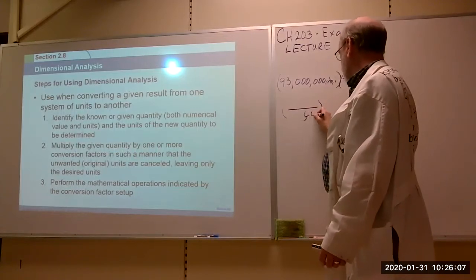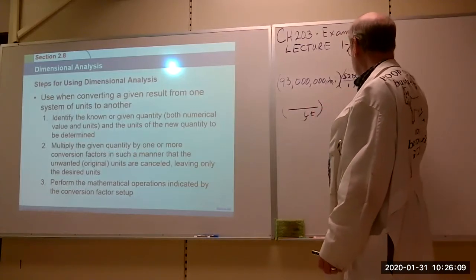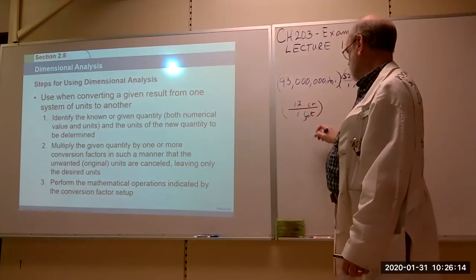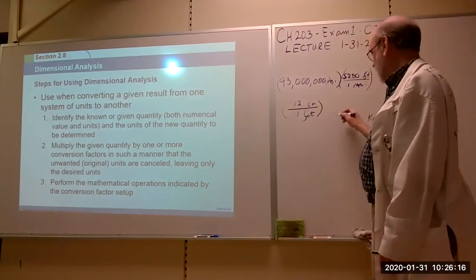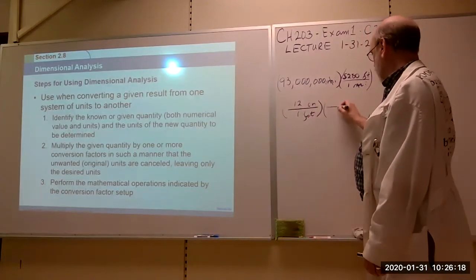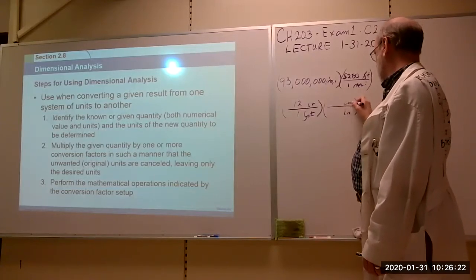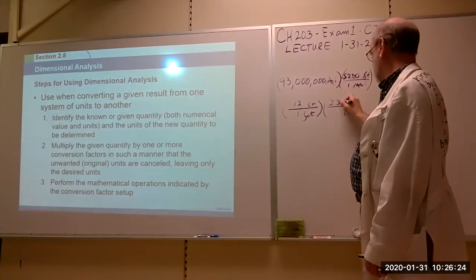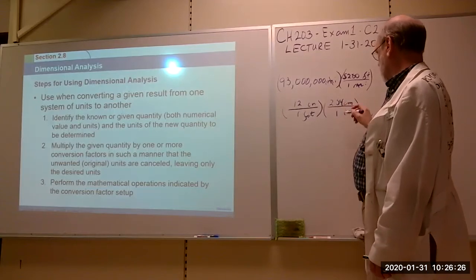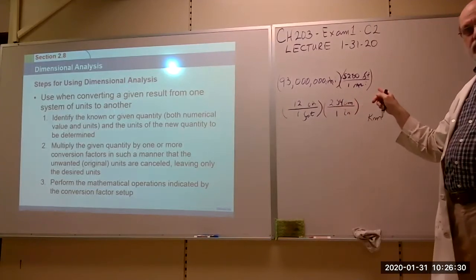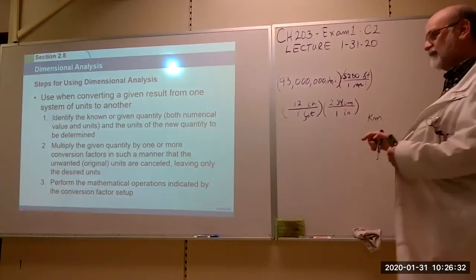I got feet here to cancel that. And I know that there are 12 inches in a foot. Well, now I know the relationship between inches and centimeters. So I can get rid of inches. Now I got centimeters. Now I'm in the decimal metric system.